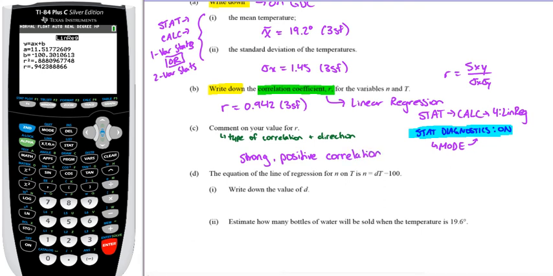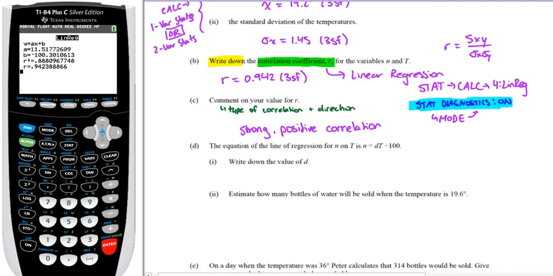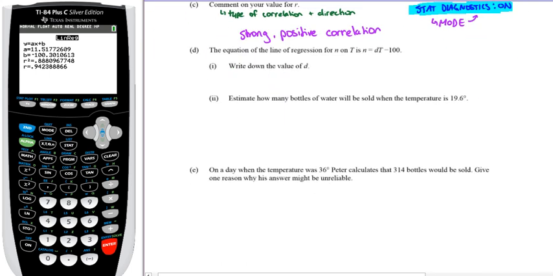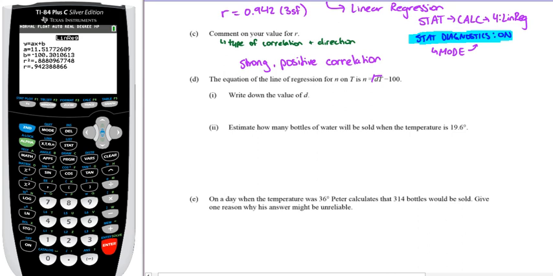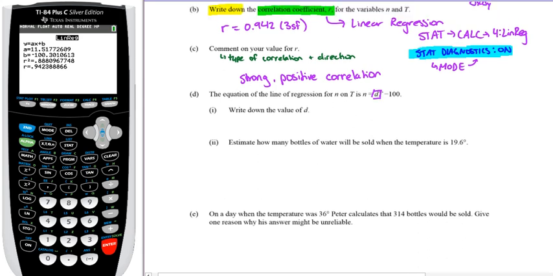So the next question is to write down the slope or the coefficient for the equation of the line of regression. So that's the D value here. And you'll notice that since we had to find the R value, we've already got the equation of the line of regression. So the D value is the same as A, the way your calculator presents it.